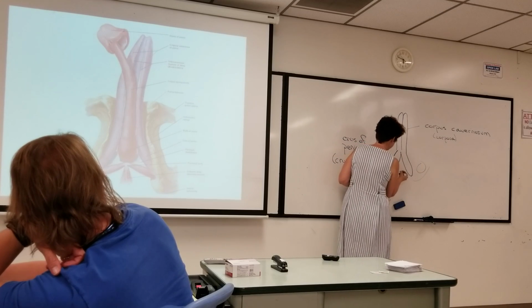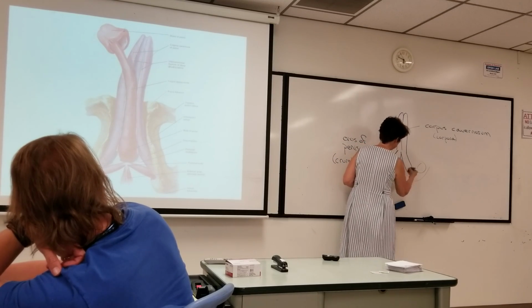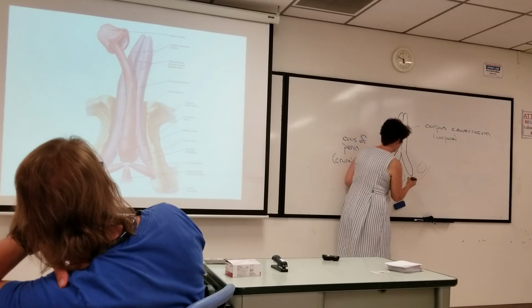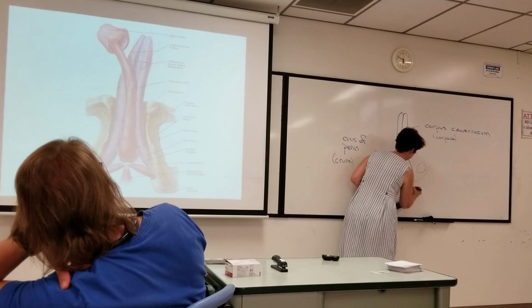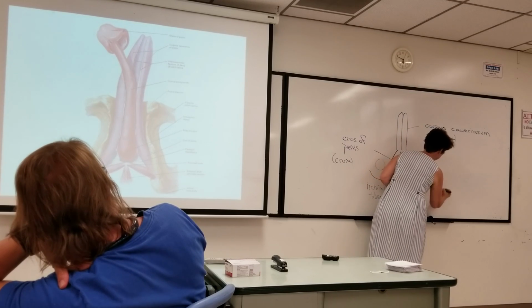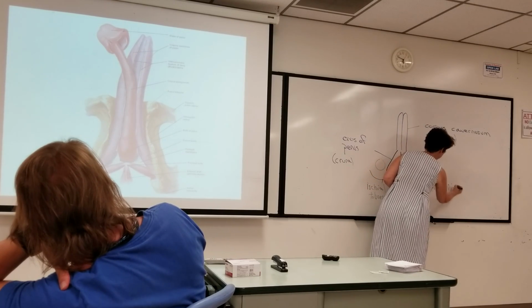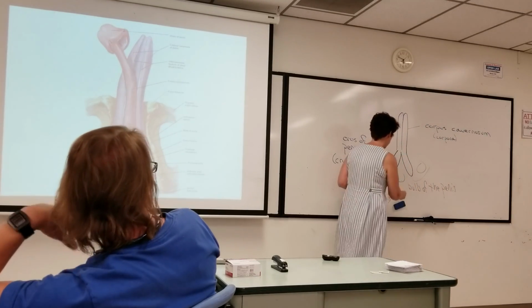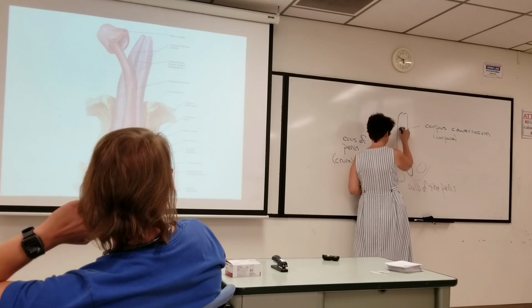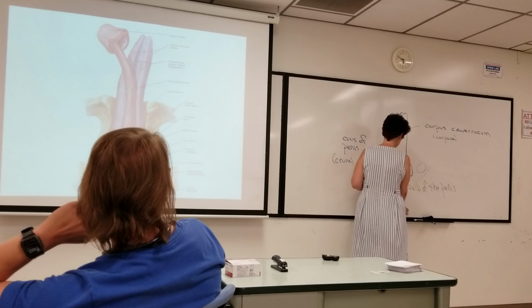So I'm going to draw that here, the bulb of the penis. Okay, and then now I'm going to erase because it's ventral to these structures, so we don't see those structures.